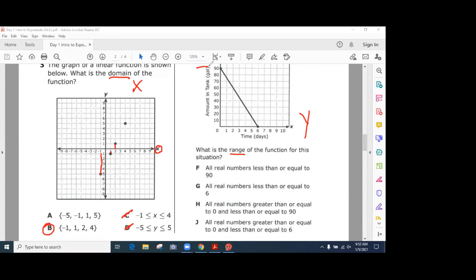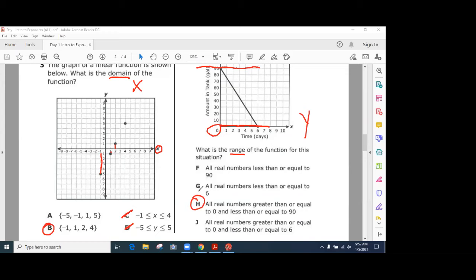Cropping the y-axis, we should have cropped it there at 90, so it's crossing 90. And then, yes, this is touching 6 on the x-axis, but we're looking for the y. And so that's the y right there, that 0 right there. So it's 0 to 90. So the answer would be H.